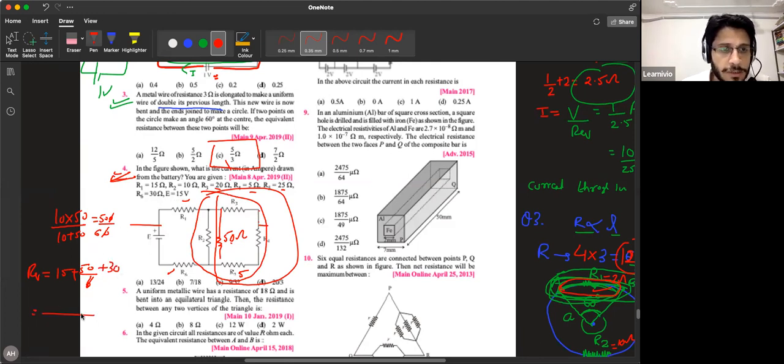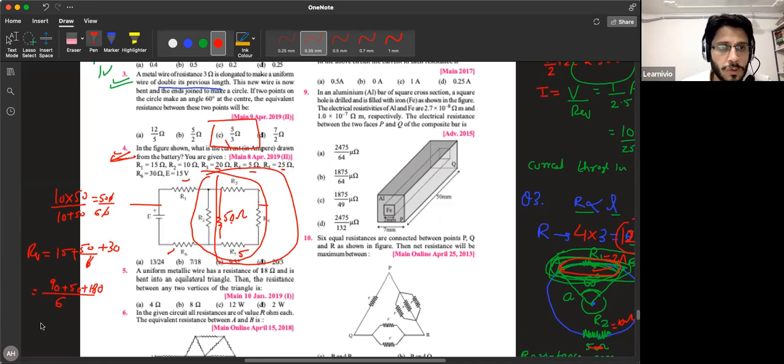So we can take 6 as the LCM. So this will be 90 plus 50 plus 180. So this will be 140 and 180, 320 by 6. 160 by 3 is R equivalent.